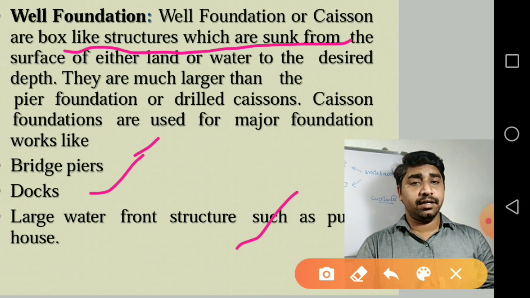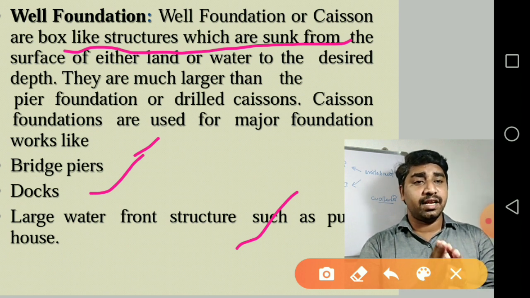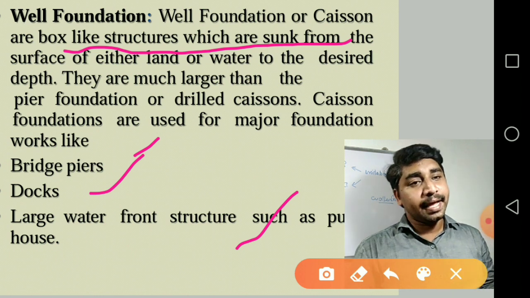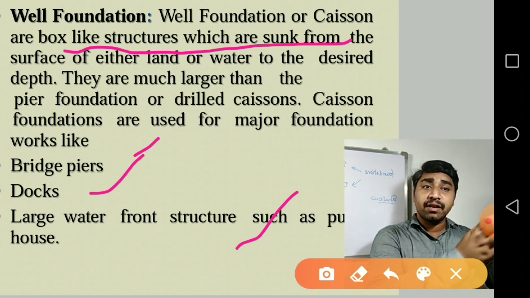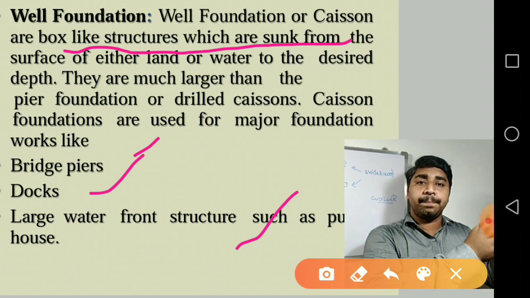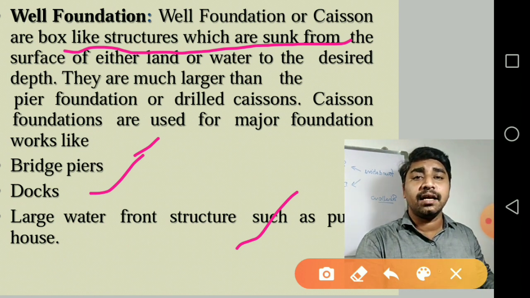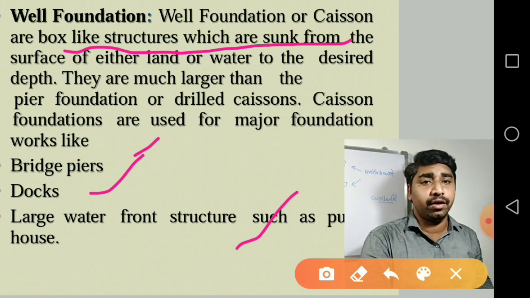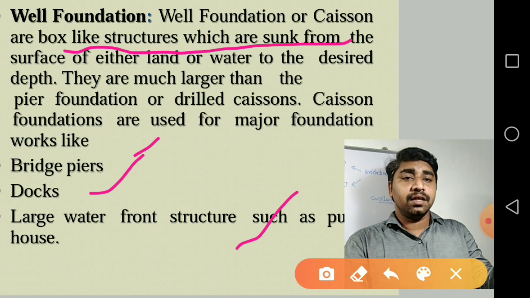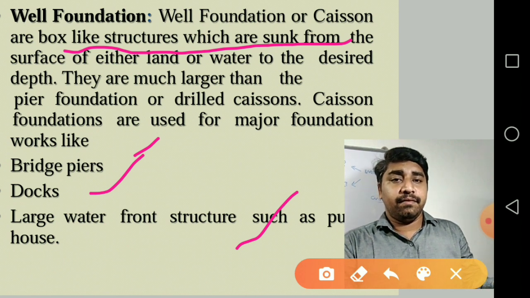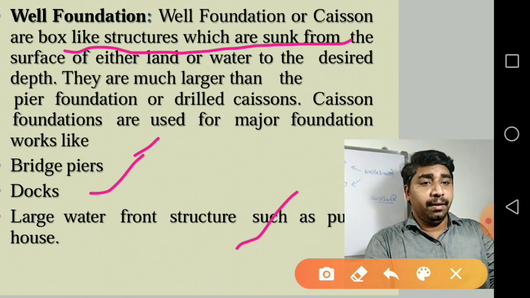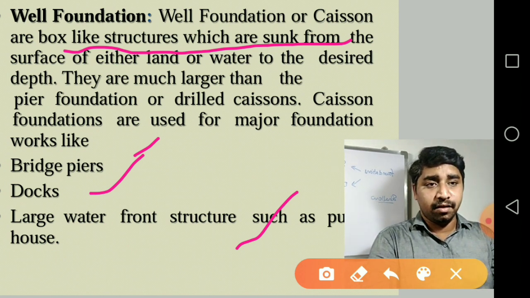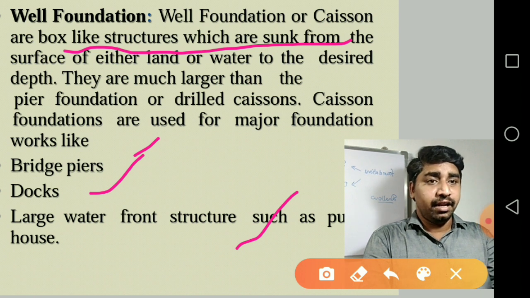Among the components, there will be a well steining. That well steining will be cast at the site, or a precast well steining will be used, and that will be slowly sunk into the ground. The well steining means the hollow cylindrical column, with the thickness of the well.